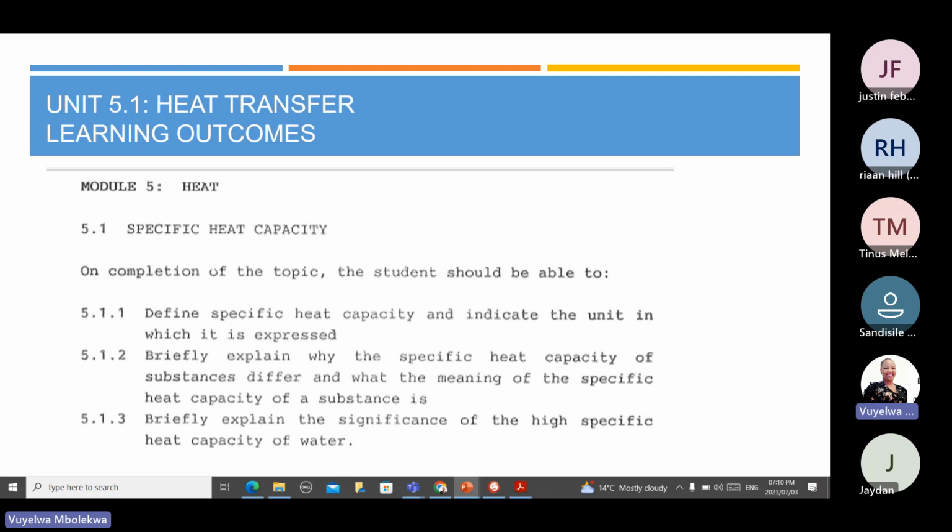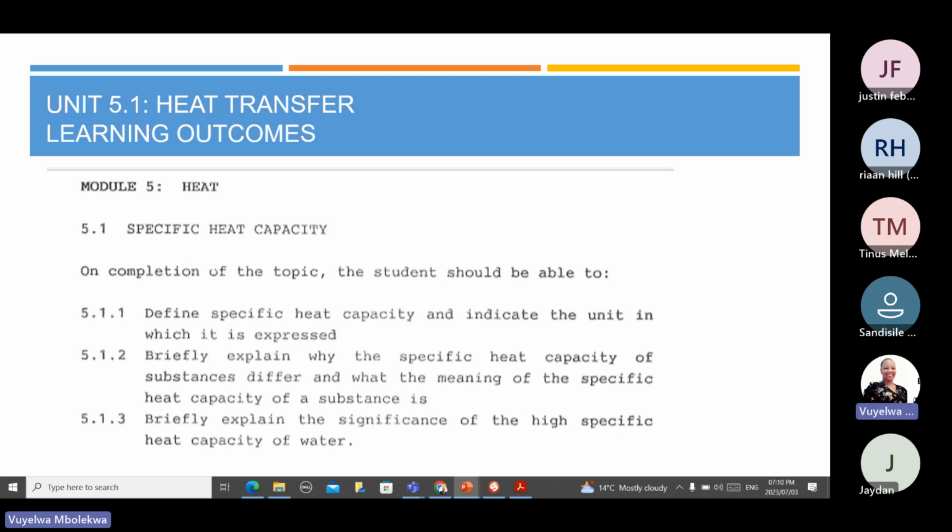And some time back, they asked what the advantages and the disadvantages are of the high specific heat capacity of water. That can be drawn from general knowledge if you know what specific heat capacity is. Just to mention it briefly to help your thinking, the specific heat capacity of water is so high.